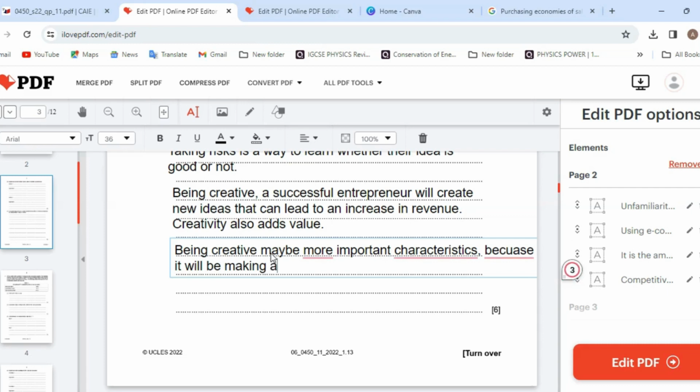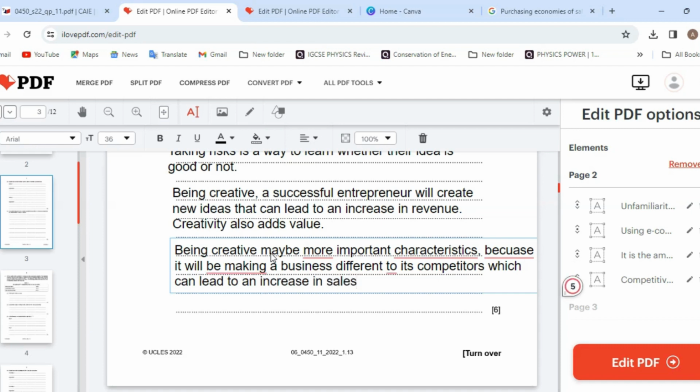making a business different to its competitors when she's creating a new idea, which can lead to an increase in sales.